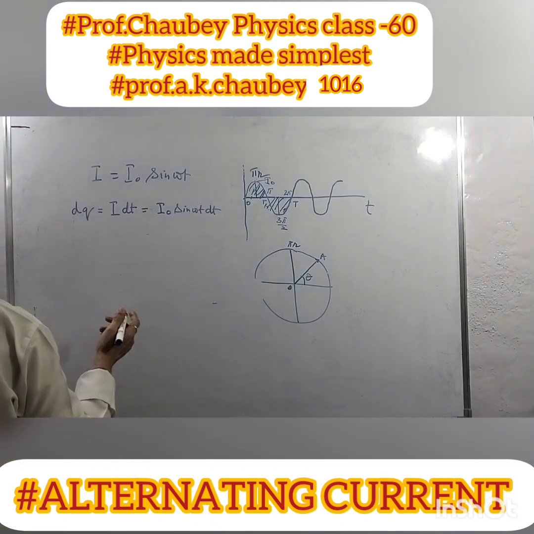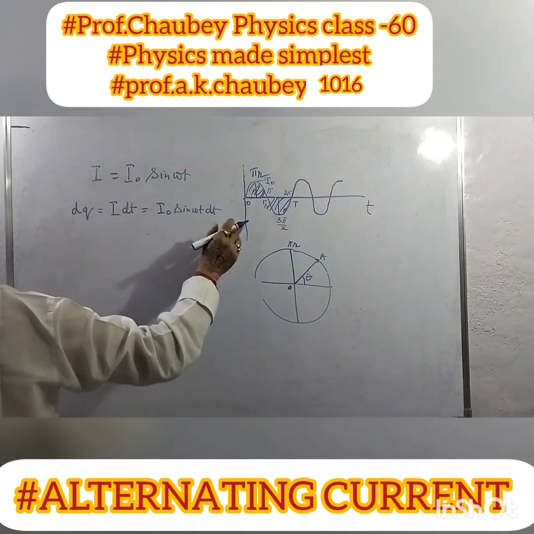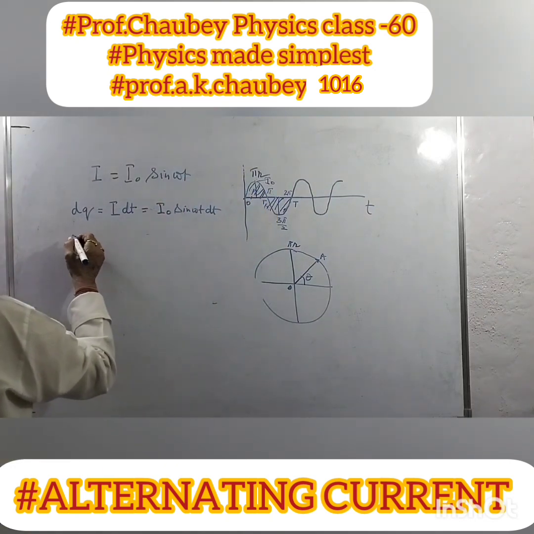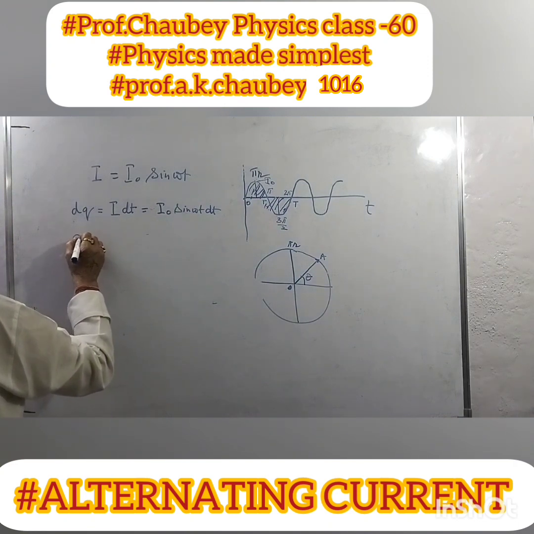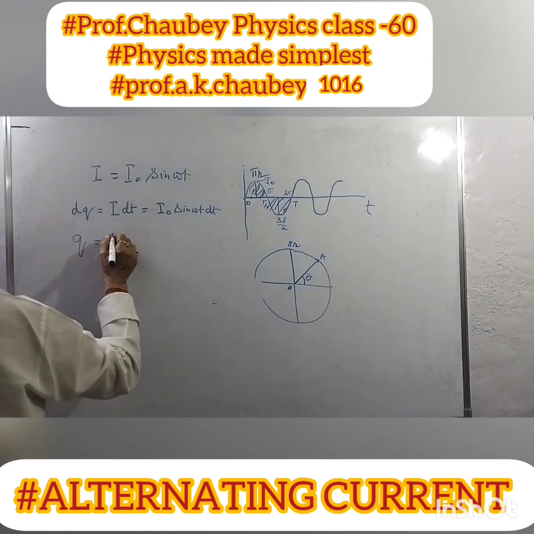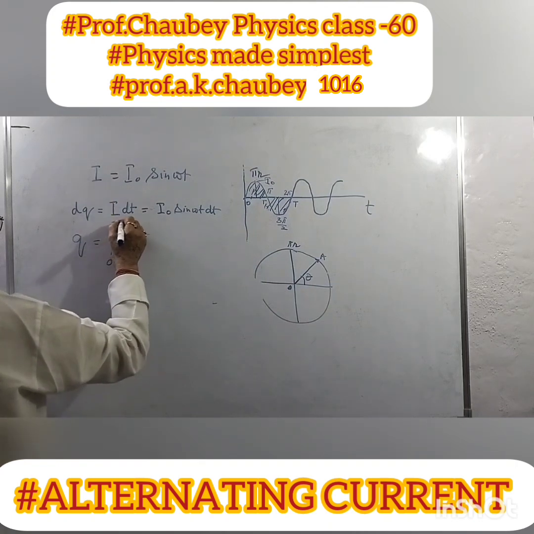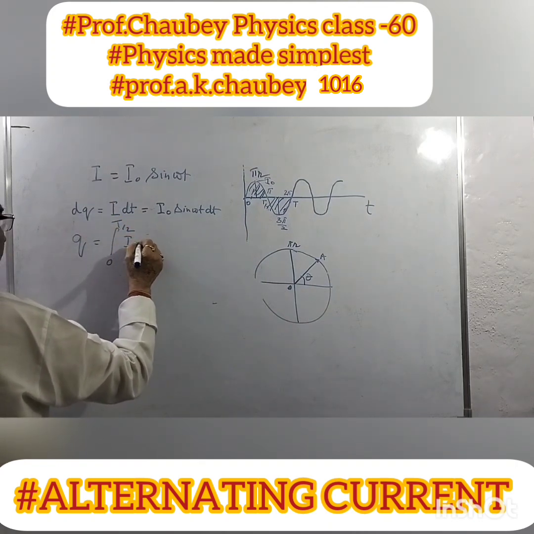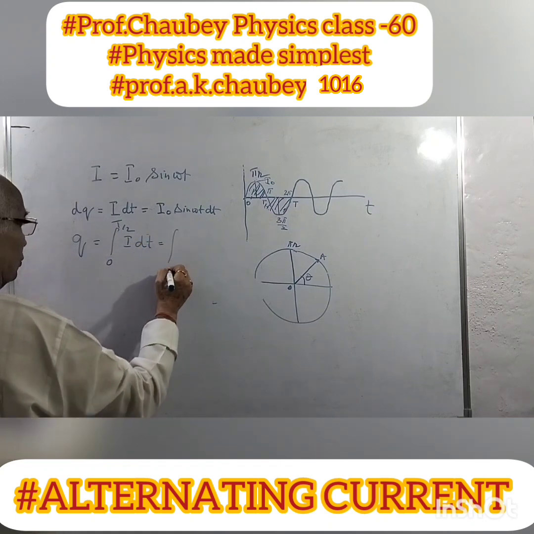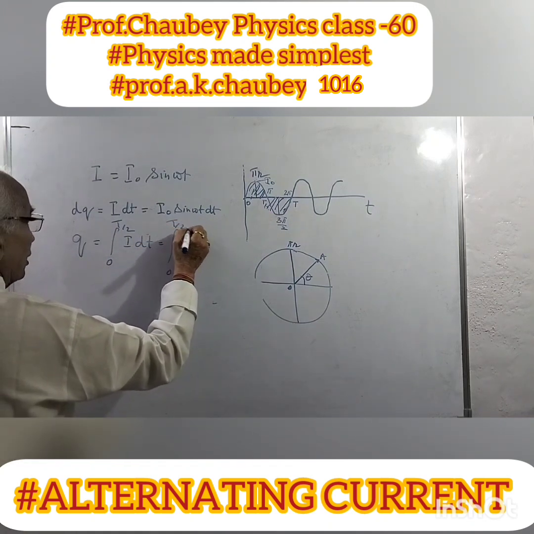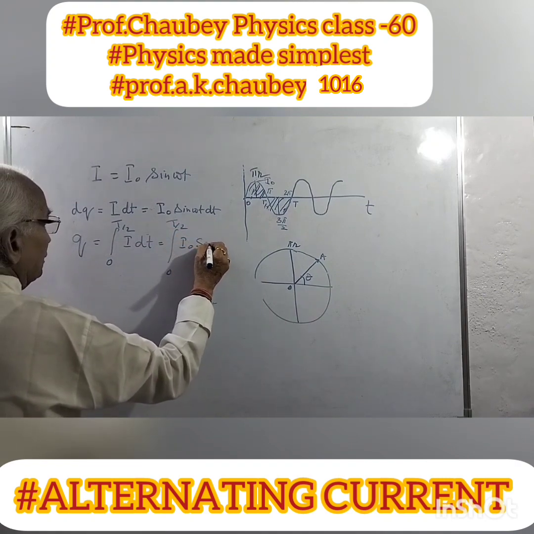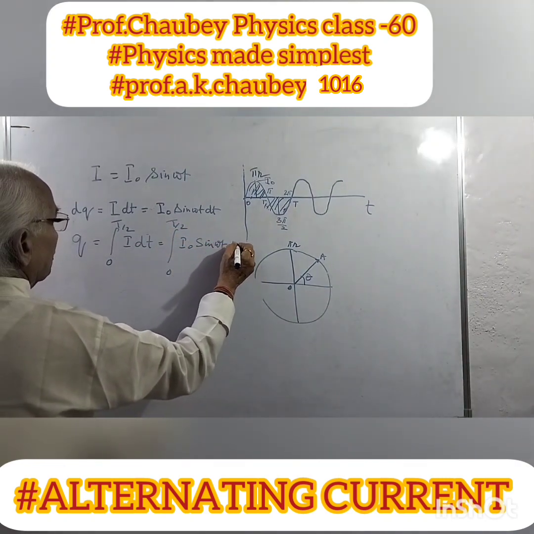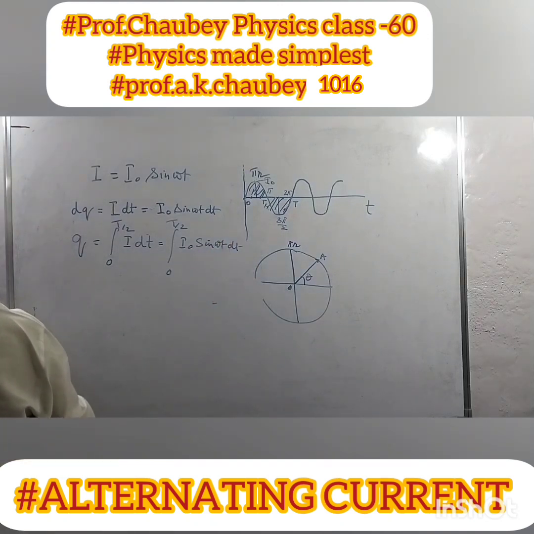And for the whole cycle or half cycle we can take Q for, say, the half cycle 0 to T by 2: the integral of I dt from 0 to T by 2, which is I naught sine omega t dt. This means you integrate under the limits 0 to T by 2, that is for the half cycle only. So what will you get?